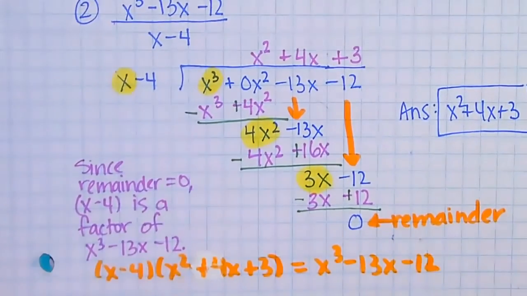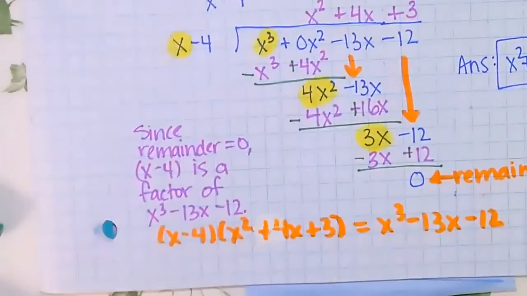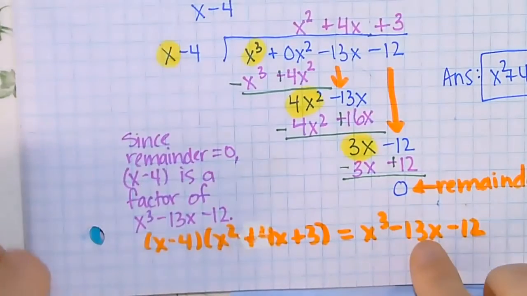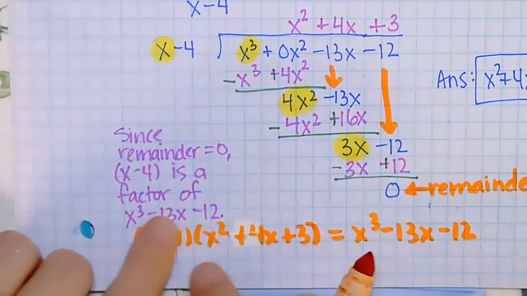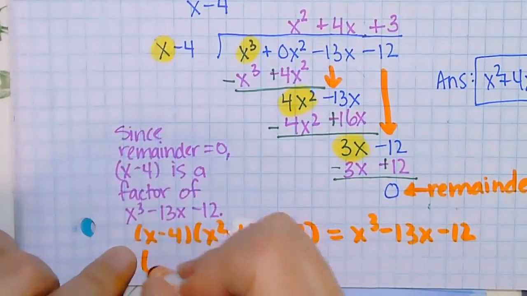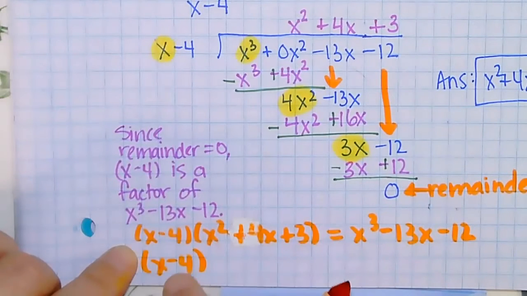Sorry, I started to write the wrong part of this. So what that means is if they asked us to factor x cubed minus 13x minus 12, I know a nice factor is x minus 4. That is a linear factor.